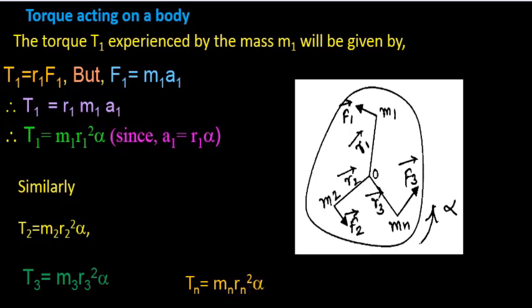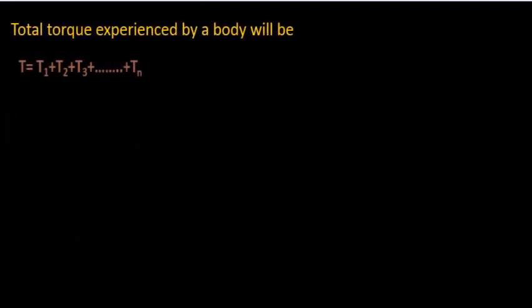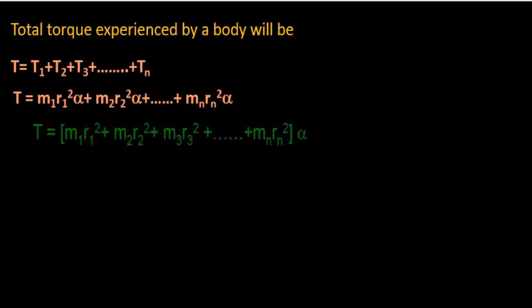Therefore the total torque will be the sum of all these torques, T = T1 + T2 + T3 + ... + Tn. If we put in these values, m1 r1 square alpha + m2 r2 square alpha + ... + mn rn square alpha, we can take alpha common from this equation and we get this equation.